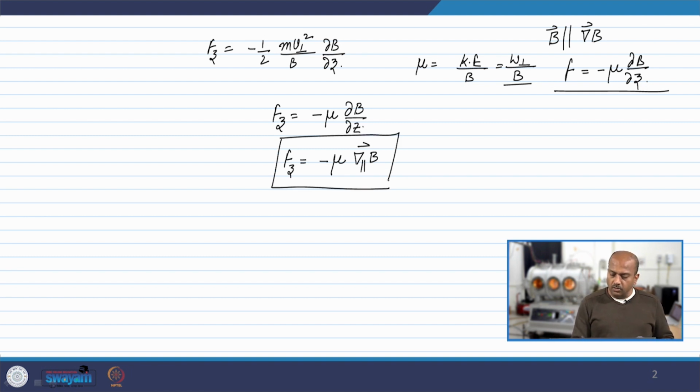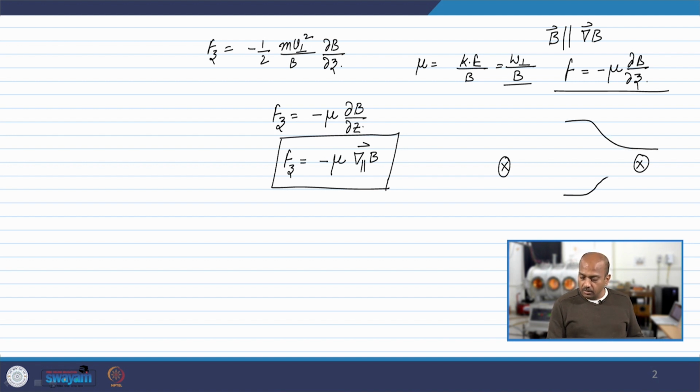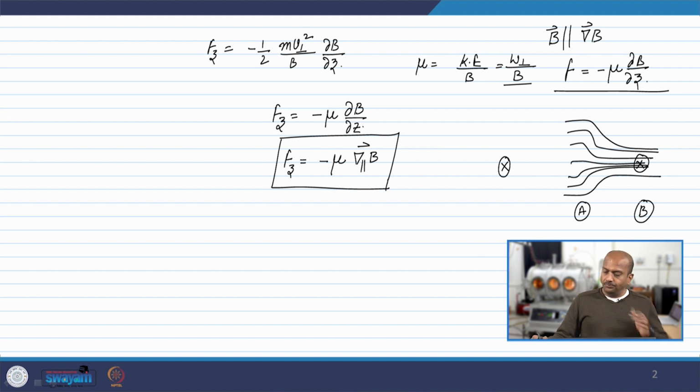Now, this does not lead us anywhere. This does not explain why the particle will be trapped between 2 points. Okay. So, we have not so far discussed anything about the 2 points, but what we have seen is that if you have a magnetic field like this, which we prefer to call a bottle configuration, in which the field lines are converging into a smaller area from point A to point B, right.